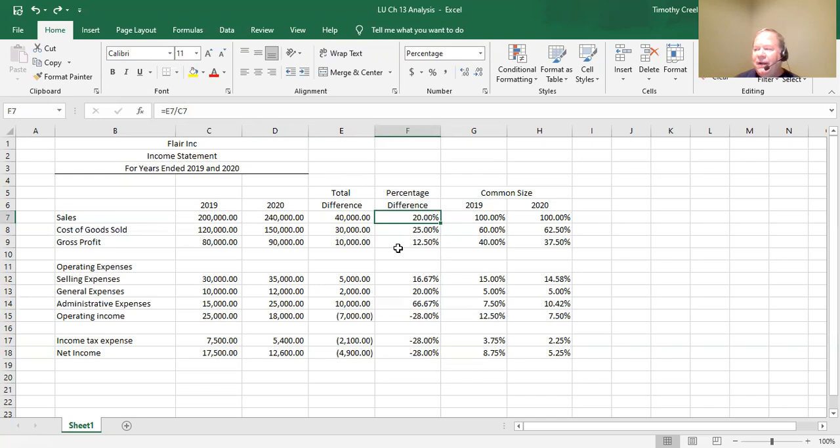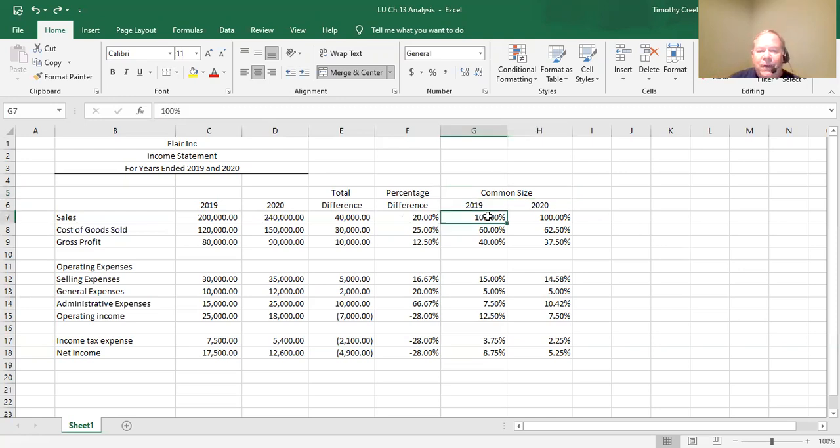Now, vertical analysis is comparing the numbers against kind of a bar or a set number. Now, what I did here was I did common size financial statements. And in common size financial statements, what you do from the income statement is you look at sales as 100% and you look at everything on there as a percentage of sales.